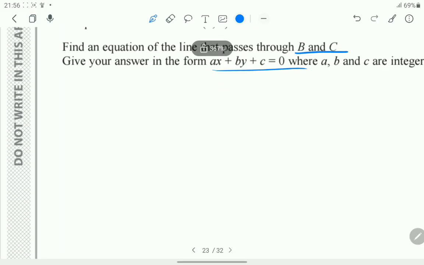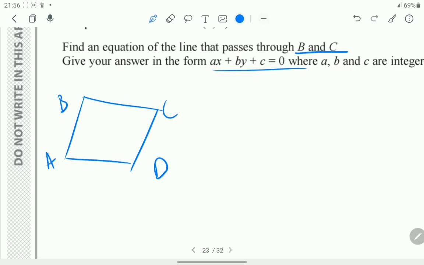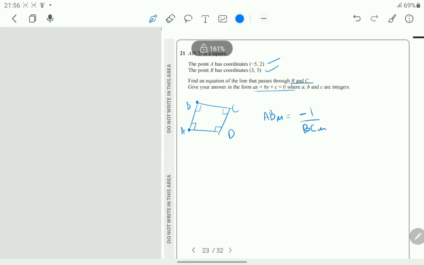Now let's just imagine that this is our square A, B, C, and D. We know the points A and B, and since this is a square, there will be perpendicular lines. So AB is perpendicular to BC, which means the gradient of AB would be the negative reciprocal of the gradient of BC and vice versa.